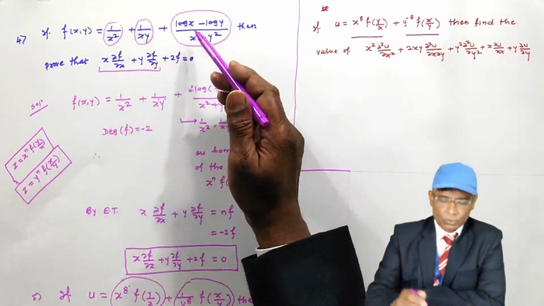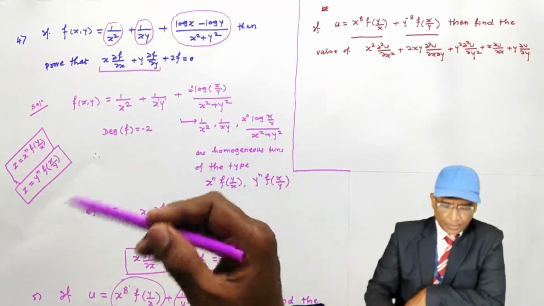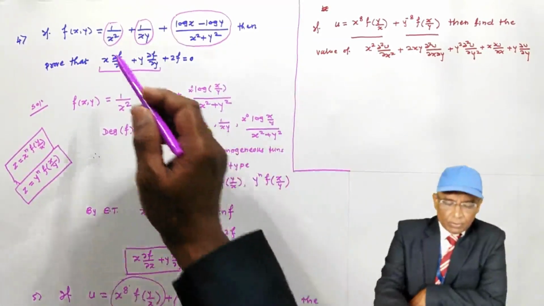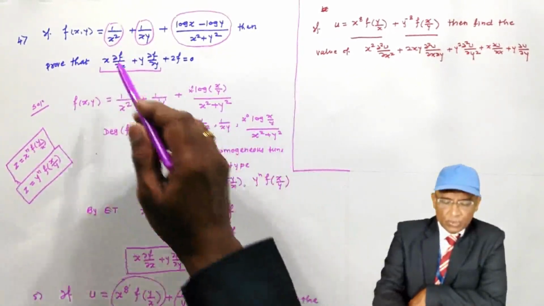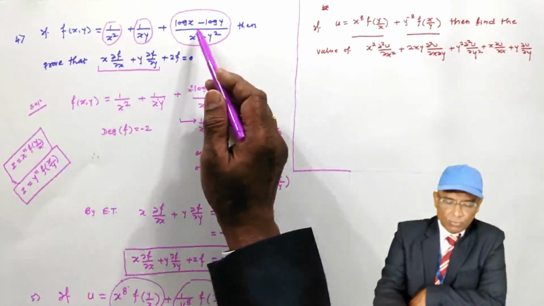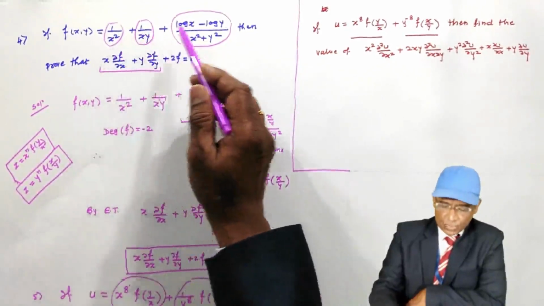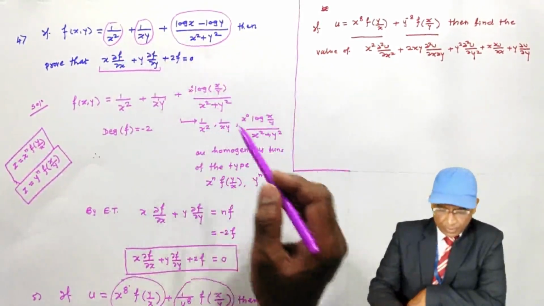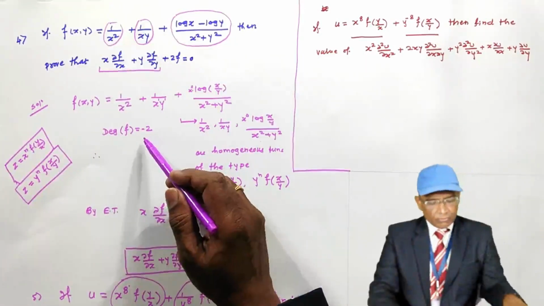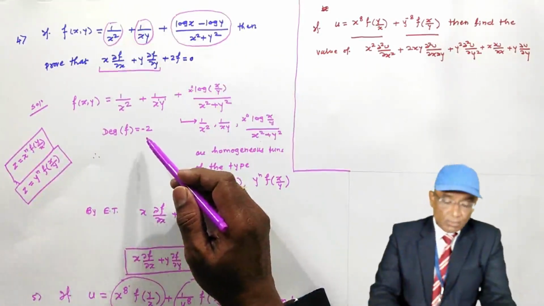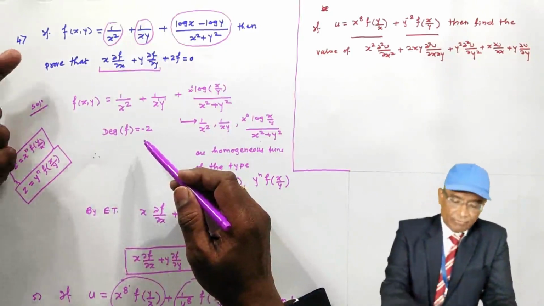But you can do it like that also, but it will take more time. The degree n for all the terms is the same, which is -2. Therefore, I applied Euler's theorem directly on f.